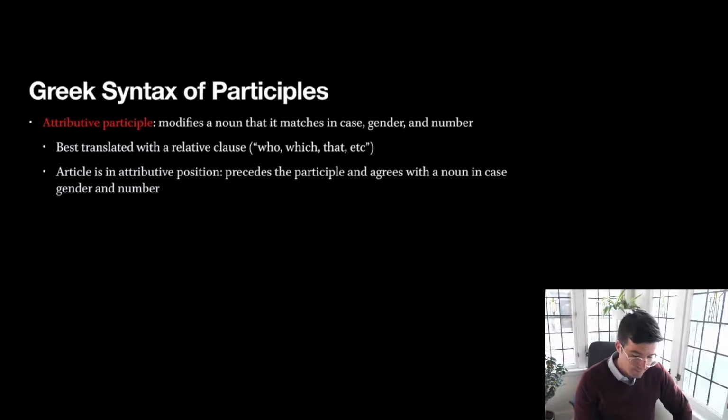And so what we have here is just like an attributive adjective has the article before it. So you remember something like ho kalos anthropos means the good human.